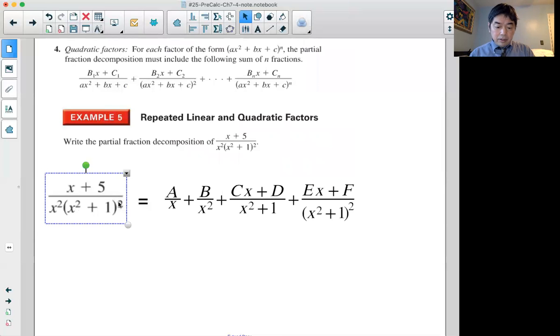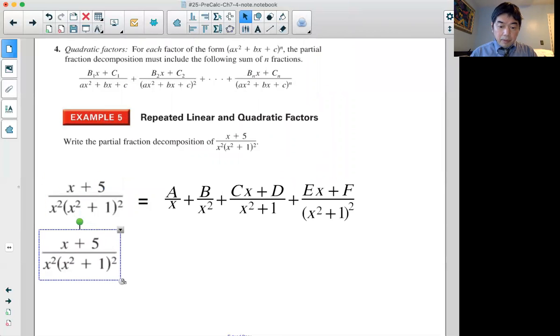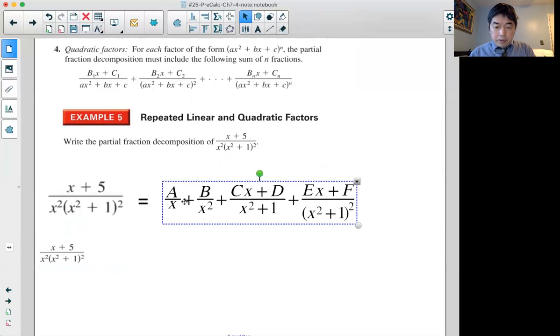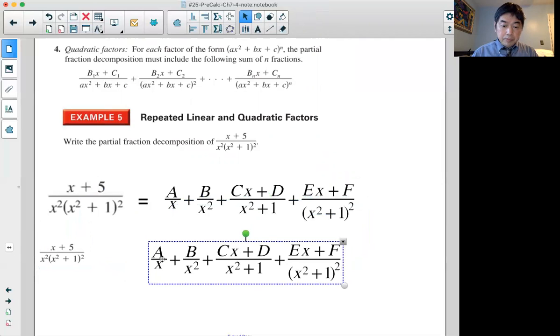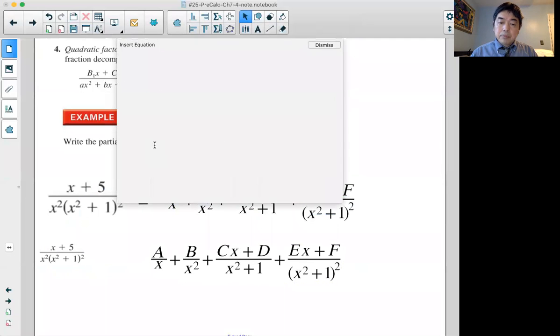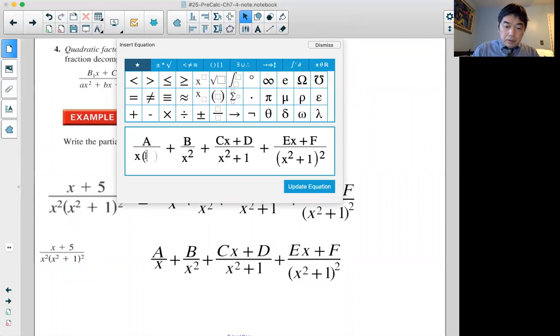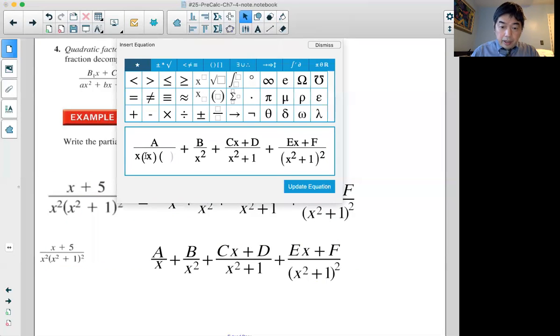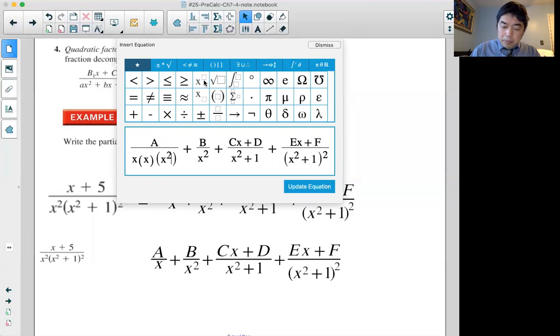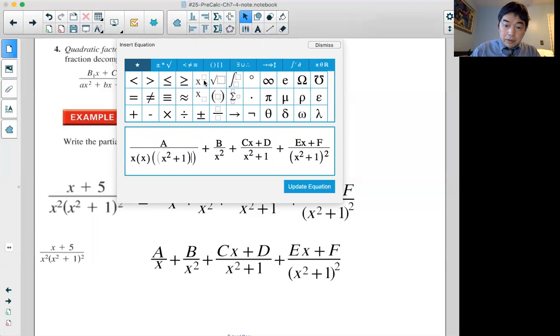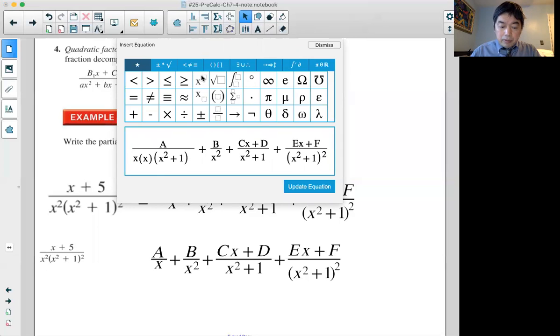So let me copy here, make it small. So I write down x here, and x squared plus 1 goes to the second power.